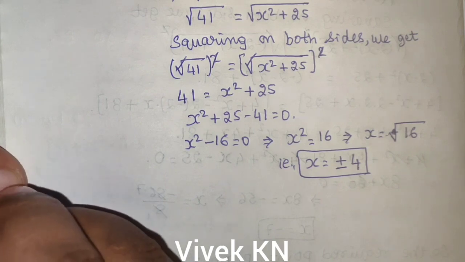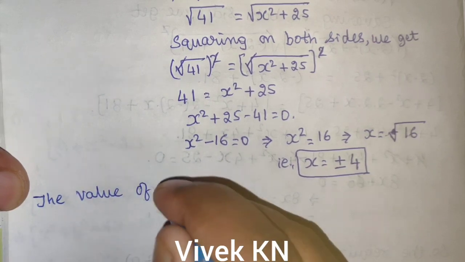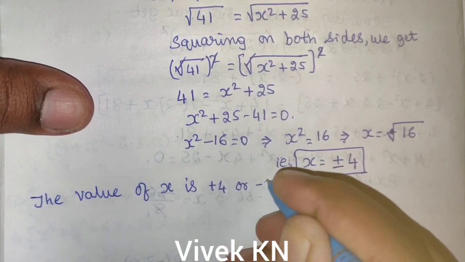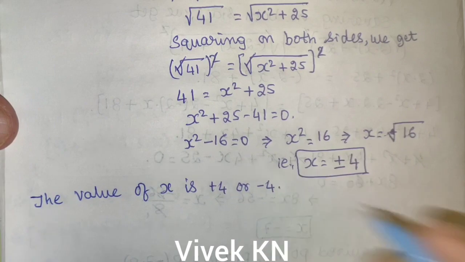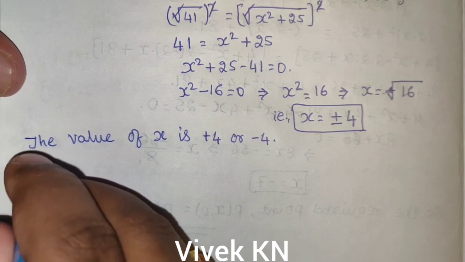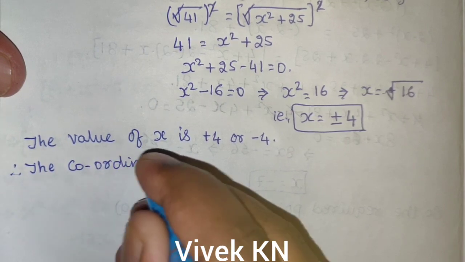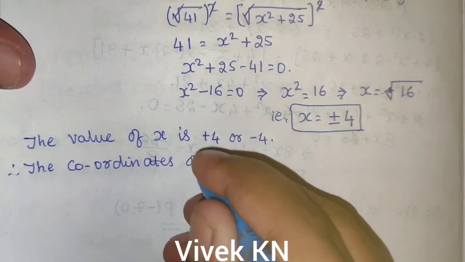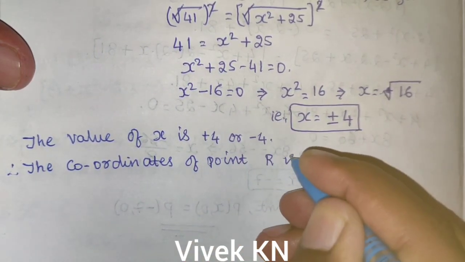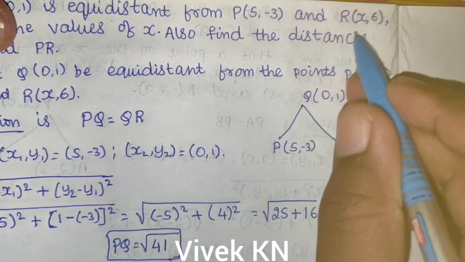So the value of x is plus 4 or minus 4. Therefore, the coordinates of point R is x comma 6.